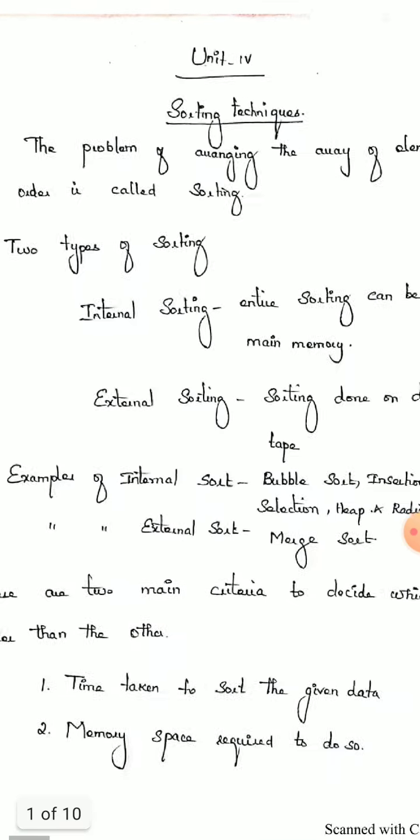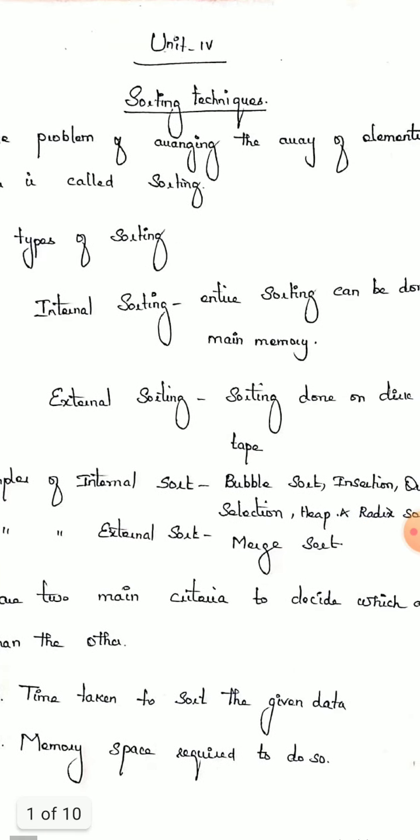So, mainly we have two types of sorting problem. First one is internal sorting and another one is external sorting. Internal sorting takes place only in our main memory, whereas external sorting can be done in the external hard disk or a magnetic tape, right?